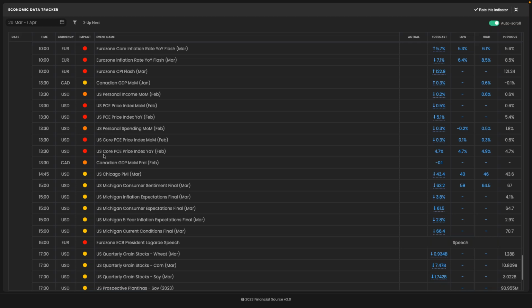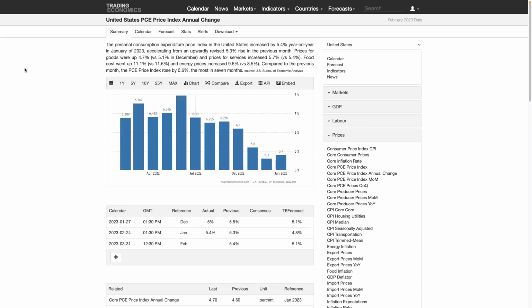And the problem with including food and energy prices in the headline is it can hide true inflation trends because it just gets mixed up with the data. So on Friday, we have the headline print and the core print, with the core being more important.